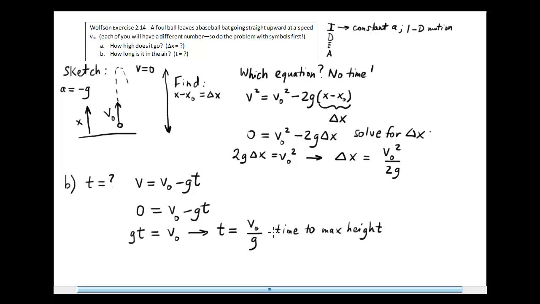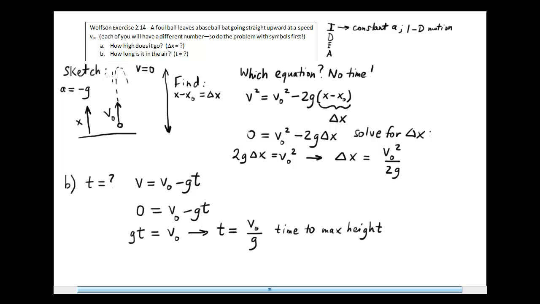So I've calculated that correctly. If I knew the value for v0, I could actually get a number for it. But if I go back and look at the question one more time, it's actually asking something a little different. It says, how long is it in the air? So the ball hit from the ground goes up to a maximum height and then comes back down all the way to the ground.